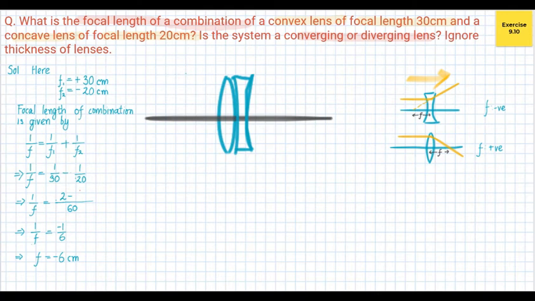I've made this mistake, please correct this one. Now 2 minus 3 will be minus 1. So instead of 2 minus 3, I can write down here minus 1. The denominator is 60, and if I do the cross multiplication, then f equals minus 60 centimeter. So please make this correction.